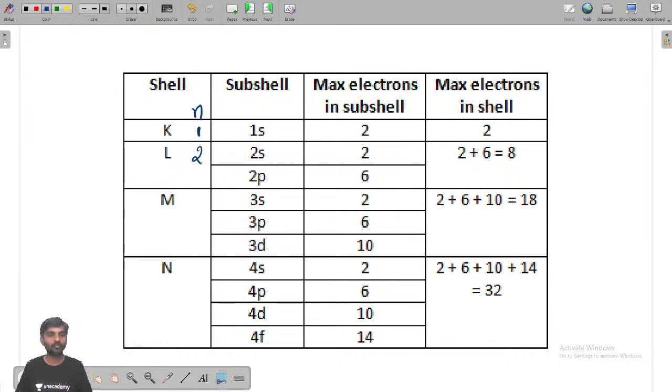For L it is 2. For M it is 3. This is 4. So for K you have the 1s subshell, and the subshell contains 2 electrons. Simple, sir. This is 1s.